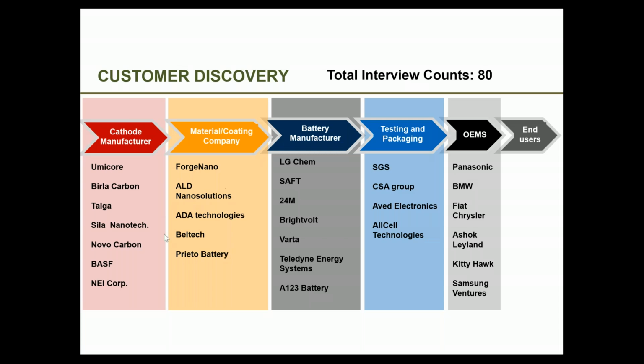Those separate ingredients go into the battery manufacturer who packages the battery, and then it's often the case that those batteries are then sold in bulk to other companies that do testing and packaging, and then that package goes out to what are called OEMs, or original equipment manufacturers, the people who use batteries for cars and various things. So it's a much more complex supply chain and ecosystem than Anil and Devika had realized initially.